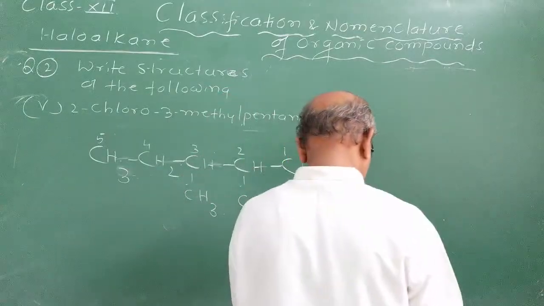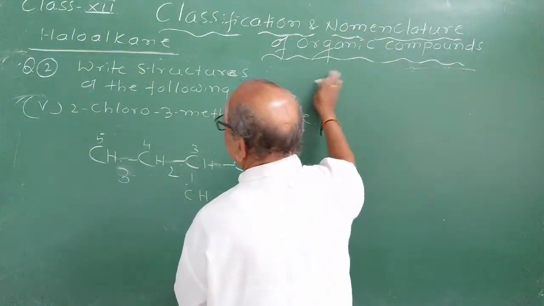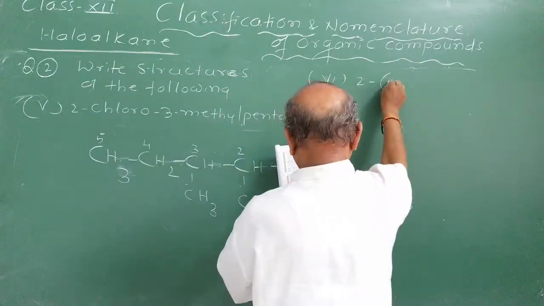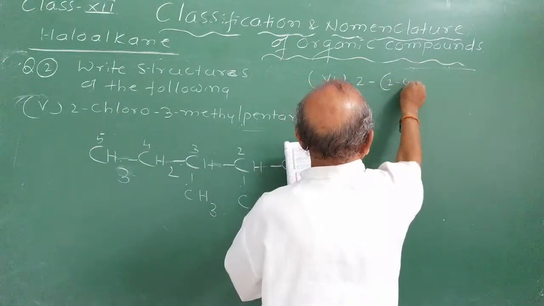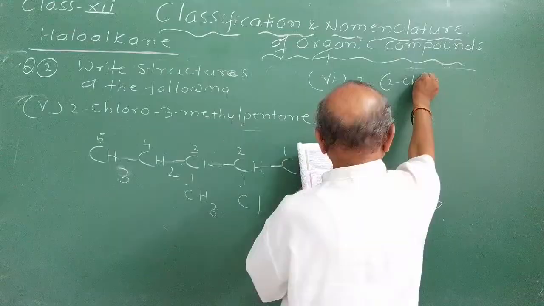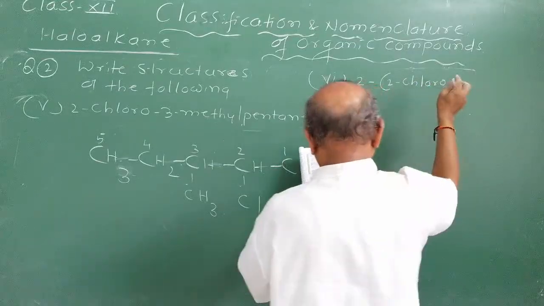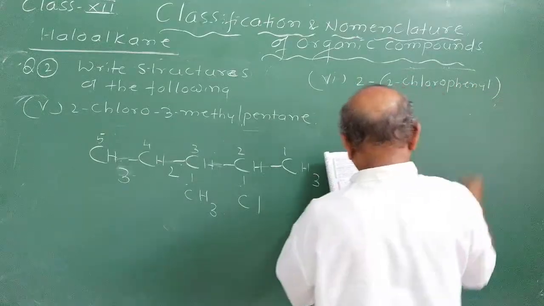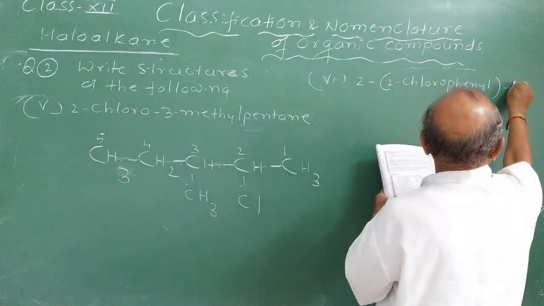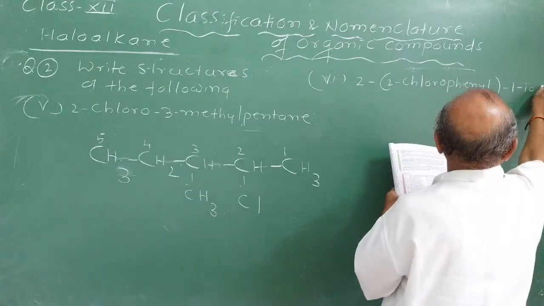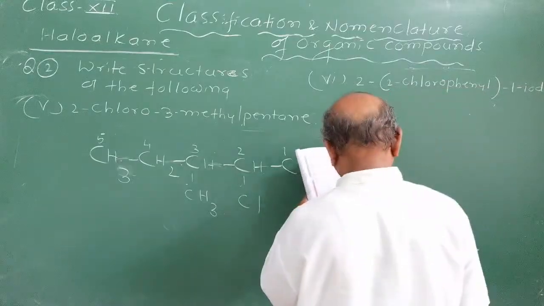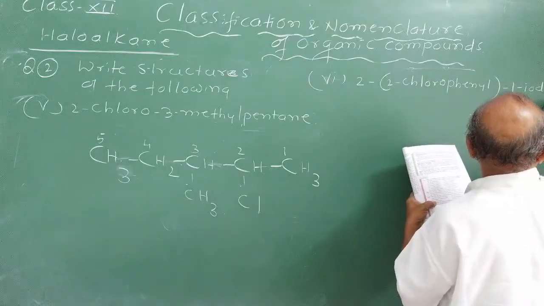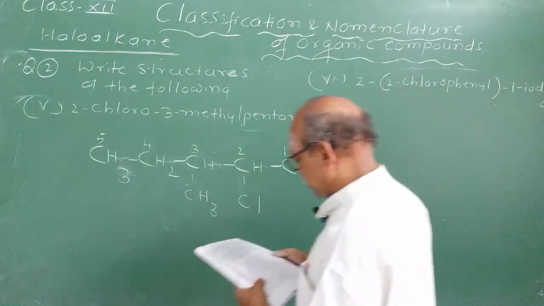Take this one. Sixth one. It is given like this. 2-(2-chlorophenyl), 1-iodooctane. Try to write the structure of it.